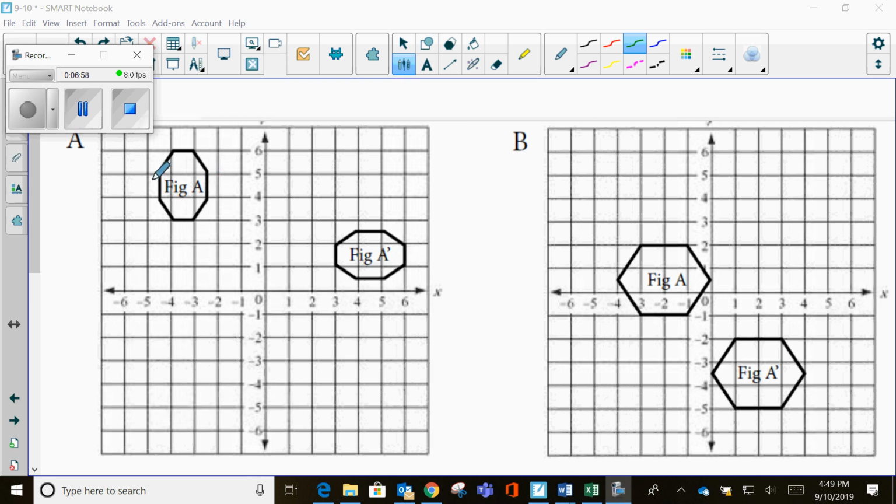I could think about rotating or turning this image and then sliding it over, but we can see that we're definitely going to have to turn it, probably about a 90-degree rotation, and then slide it over and down. So I would identify this transformation as a rotation of 90 degrees and a translation.